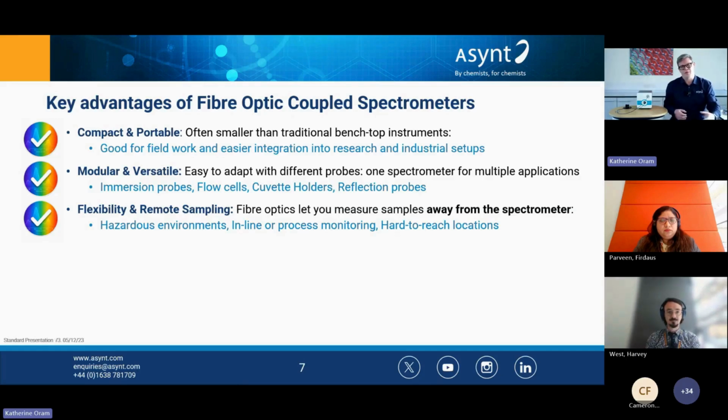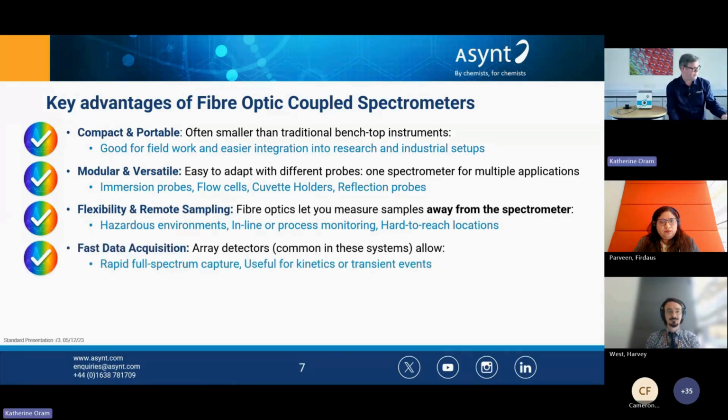There are lots of advantages of that. That means we can use them in hazardous environments or inline. We can use them for process monitoring, but we can also put them in hard to reach locations, which increases the usability.